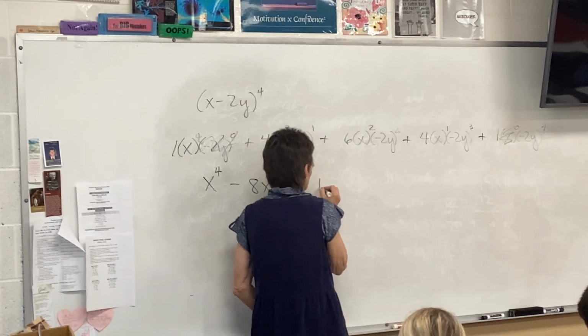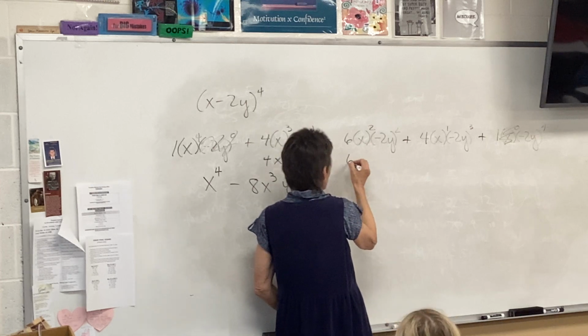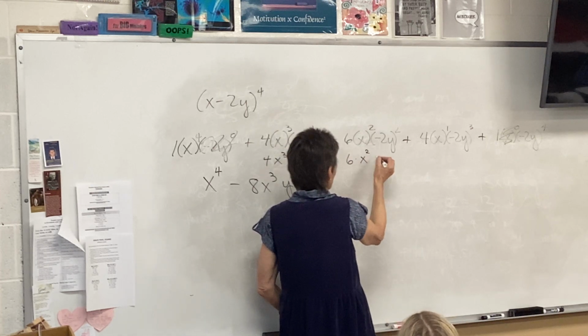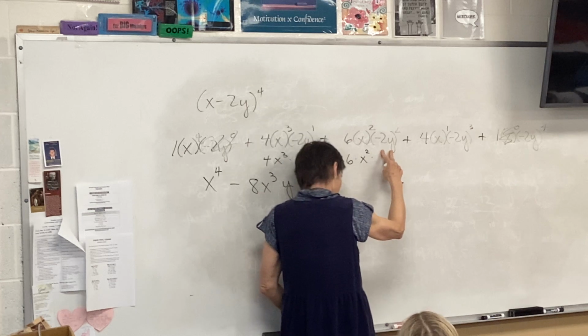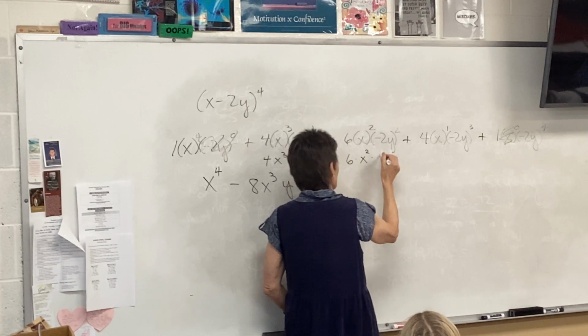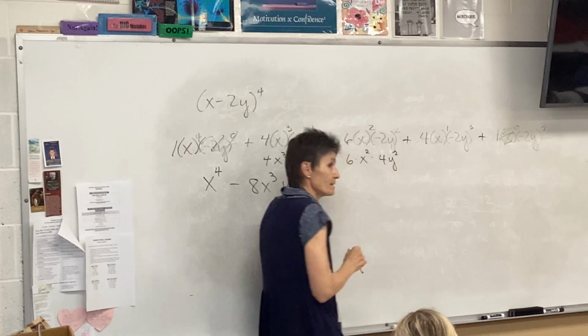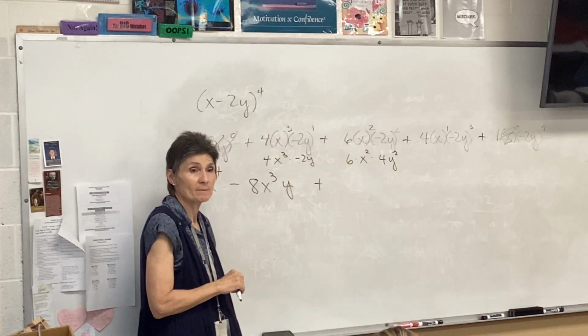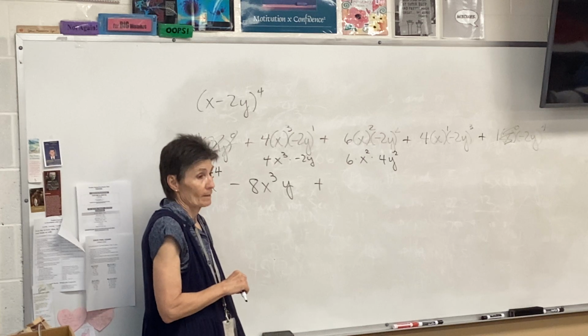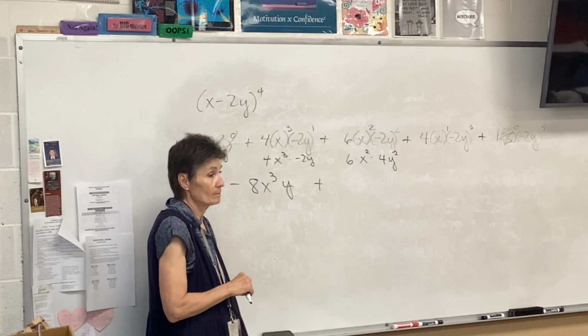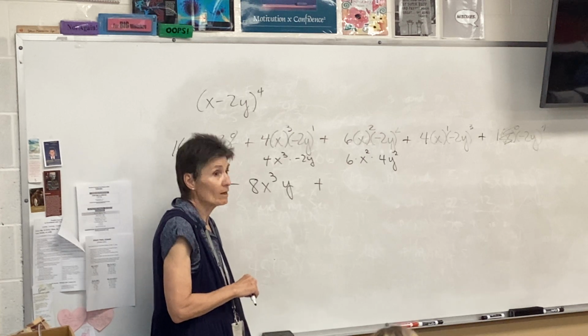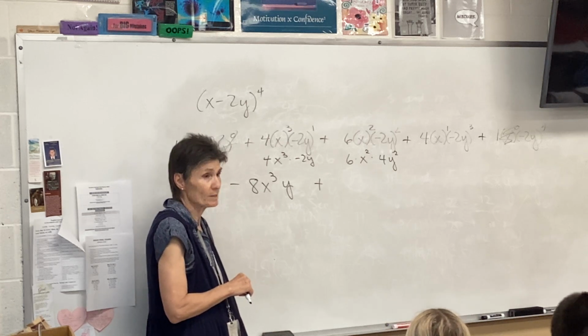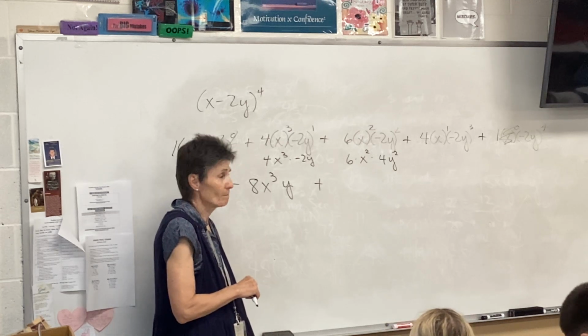Alright, how about here? I got a 6, x squared. Oh, I hesitate to ask, what is this? Yes, 4y squared. Positive, because a negative times a negative is a positive, right? Remember, you have a calculator, so if you really can't do this without, type it in.